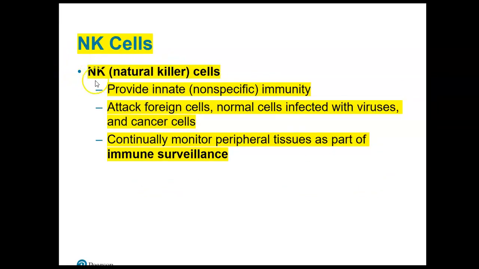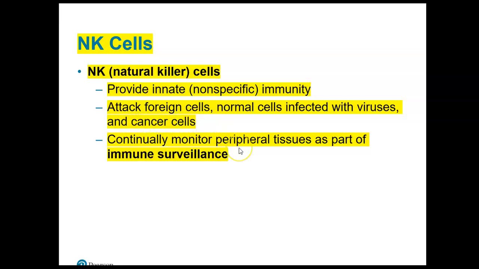Natural killer cells, or NK cells, are lymphocytes that are not part of the adaptive or specific immune response. They provide innate or non-specific immunity. They will attack foreign cells, normal cells infected with viruses, and cells that are cancerous.